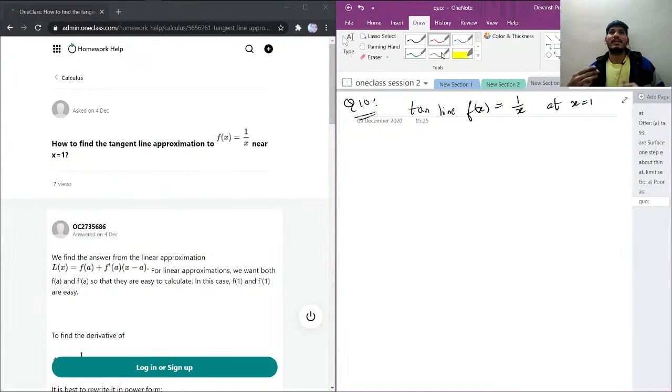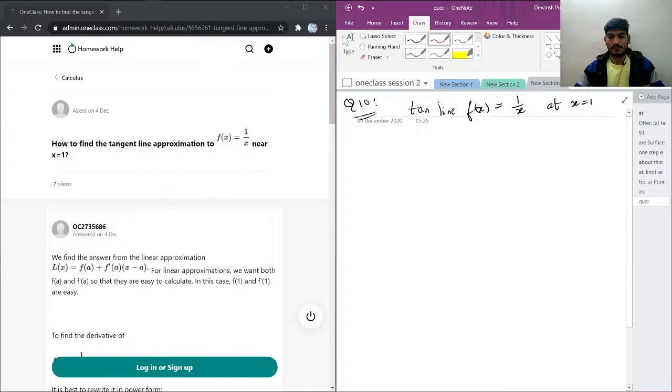Whenever we want to find the tangent line at a particular point, we take the derivative of that function and substitute the value or the coordinate of that point into the derived equation, and that gives us the tangent of the function.